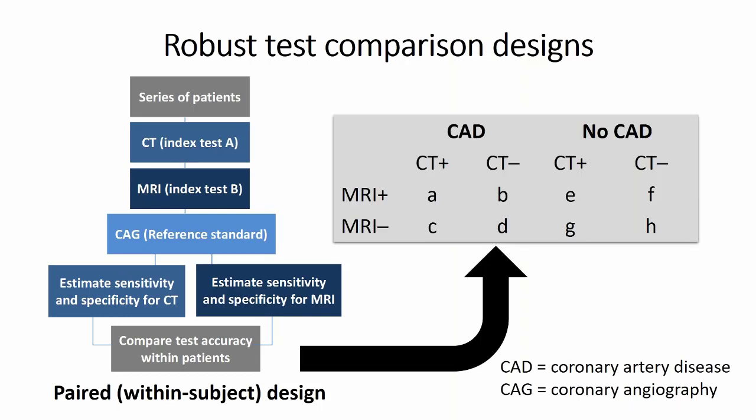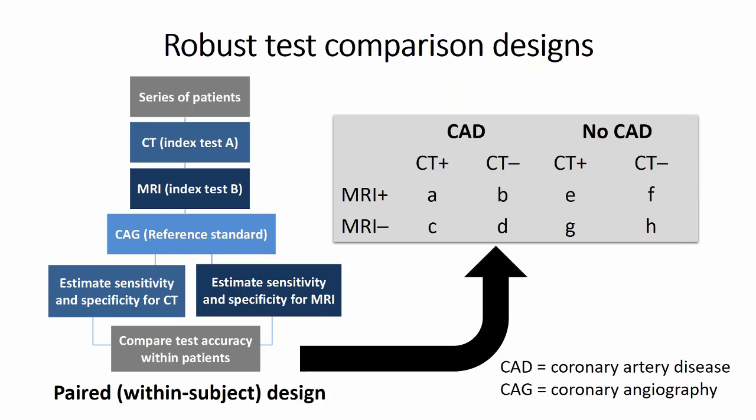A good advantage of a paired design is that we can produce a joint classification table like this, where we cross-classify the results of the two tests in the group that do have the condition, so here, those who have coronary artery disease, and then in the group that don't have coronary artery disease, so that we can know what the concordant results and the discordant results are.